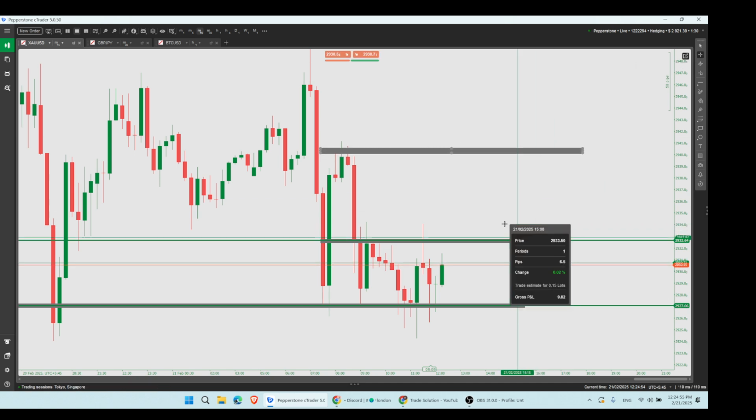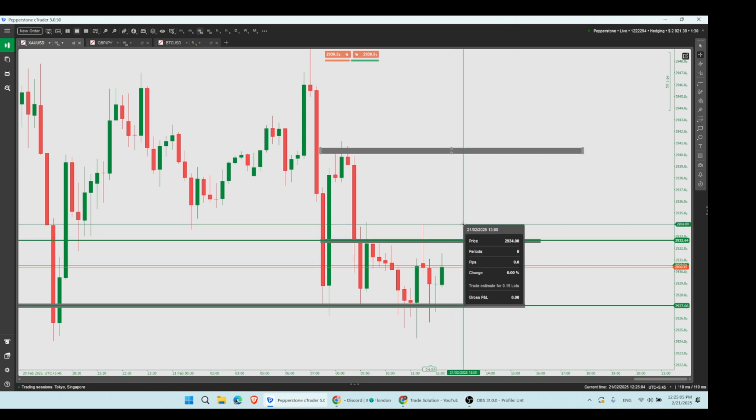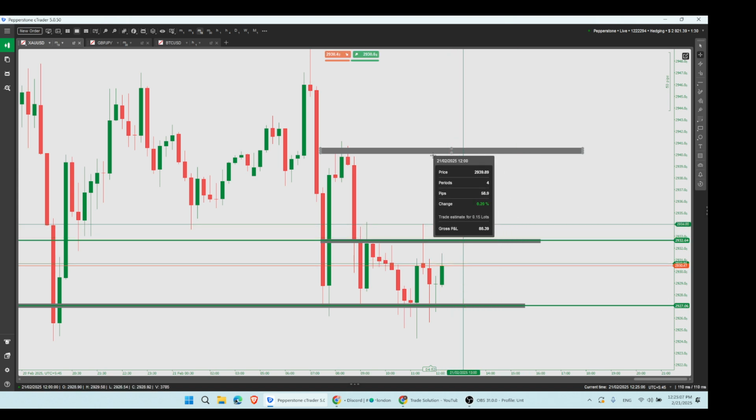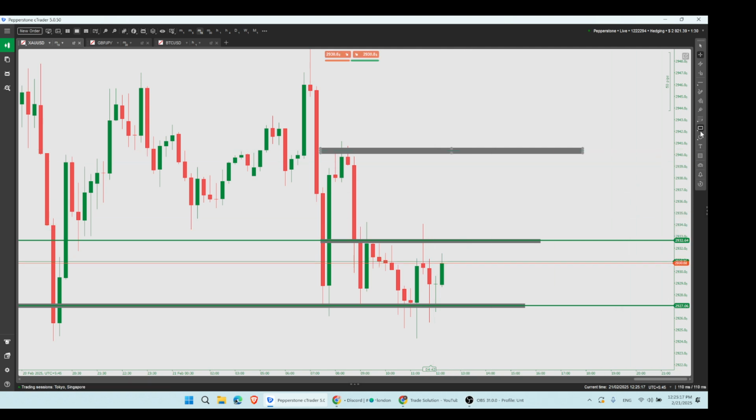If I measure this range, 70 pips is a decent move. Out of 70 we can easily catch 35 to 40 pips. Even after breaking this high, we can expect 60, and out of 60 we can easily expect 30 pips, by breaking the high of 29.34. So let's see what actually happens.